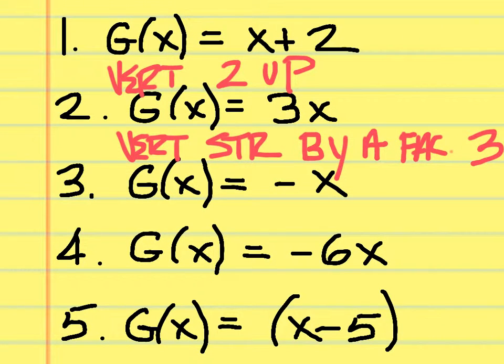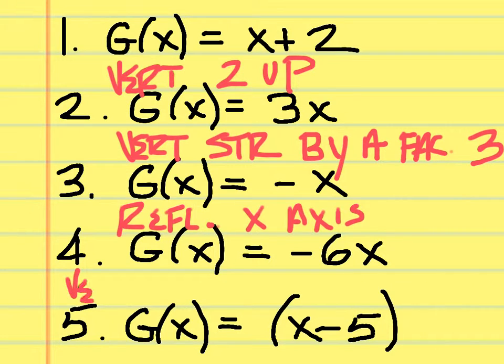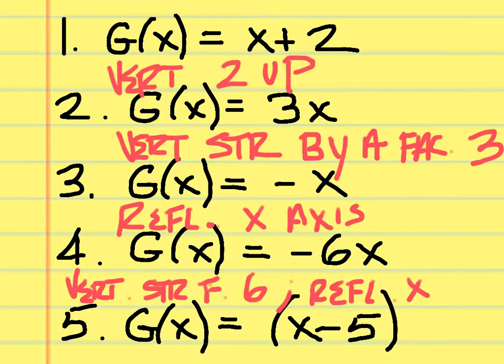What happens? A reflection across the x-axis, right. What if I put a negative 6 in front of it? What all is happening there? A vertical stretch, that's right, vertical stretch by a factor of what? 6, and a reflection across the x-axis, right.